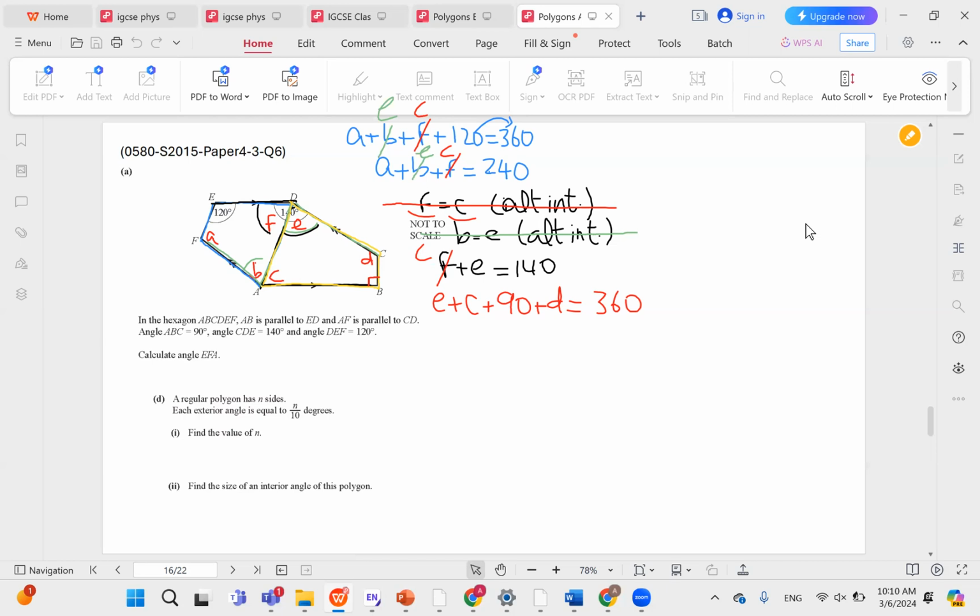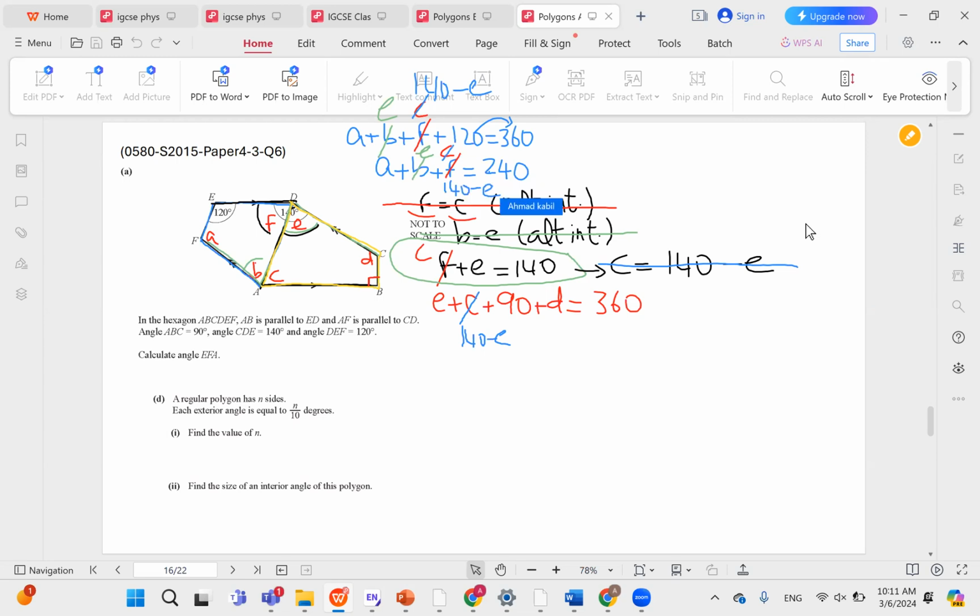This is nice because you can replace the C, for example, with 140 minus E. So let's say that C here is equal to 140 minus E. Let's cross this equation out, and any C that we see, we replace it with 140 minus E. So here we have 140 minus E, up there as well, and here as well.